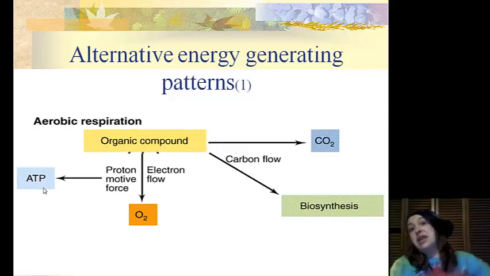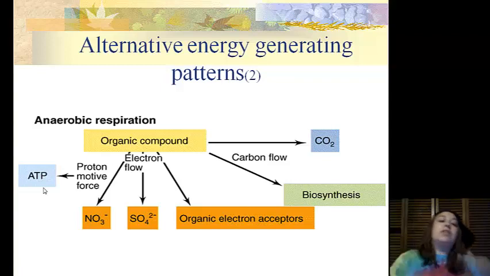Now let's check out the next one. Anaerobic respiration. We still have to eat and take in these organic molecules. Again, some goes over here for carbon fixation to create sugars. Some of the carbon flow goes to biosynthesis, creating of macromolecules. And then for anaerobic respiration, we cannot have oxygen as our terminal acceptor.